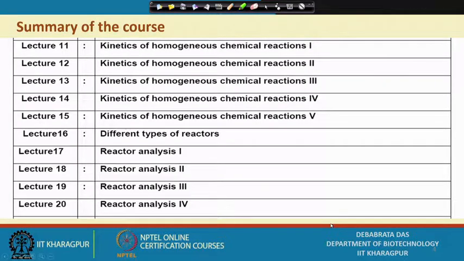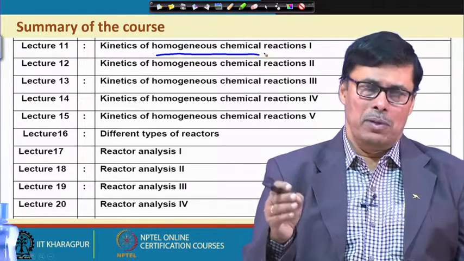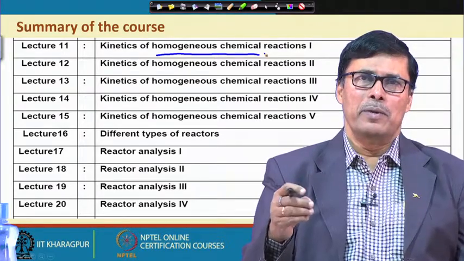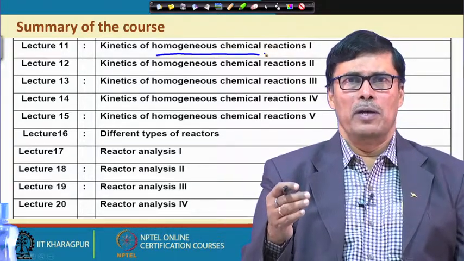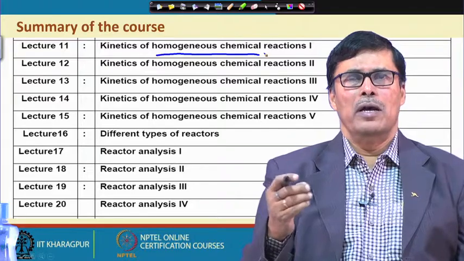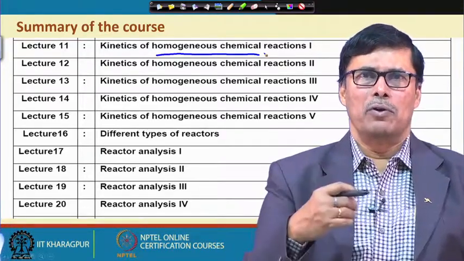Now after this we covered the kinetics of homogeneous chemical reactions, and how there are different types of reactions. As for example, we have irreversible reactions, reversible reactions, chain reactions, and autocatalytic reactions. For the different types of reaction, we can write the mathematical expression for each type of equation, and see how you can find out the rate constant and the order of reaction.